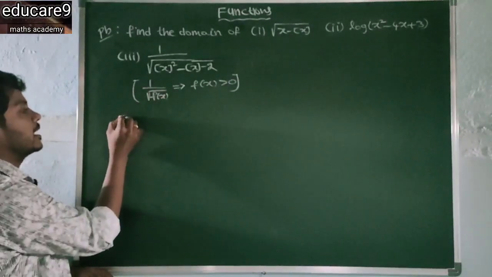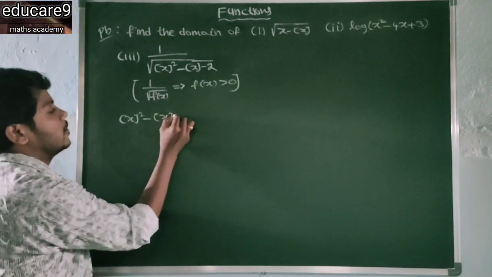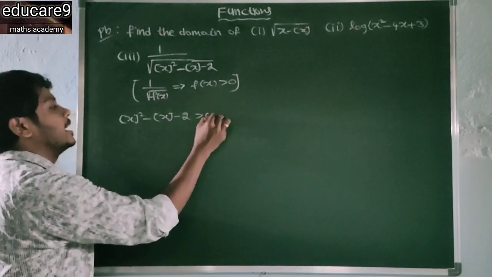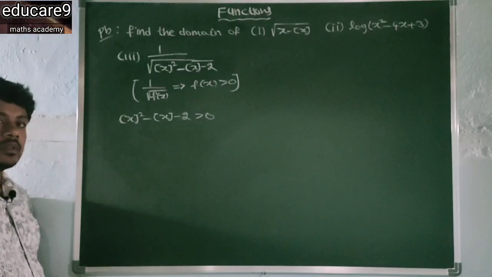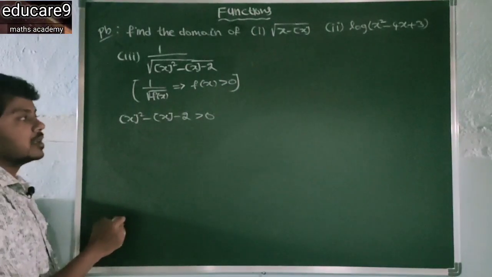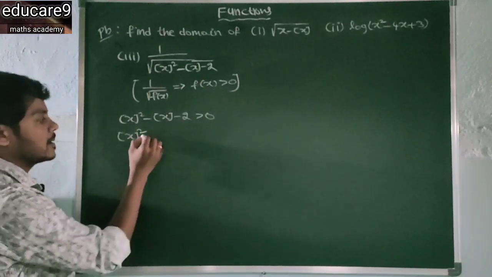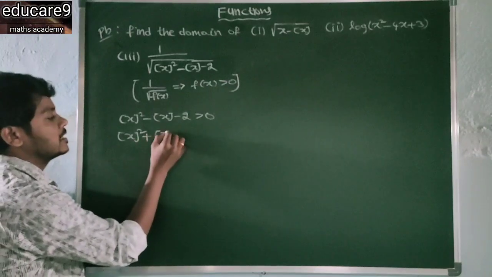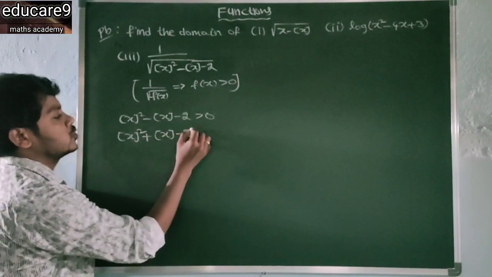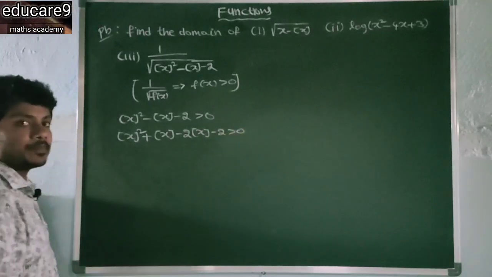So clearly here step x whole square minus step x minus 2 is greater than 0. Now find the factors of this equation. So clearly it is step x square plus step x minus 2 step x minus 2 is greater than 0.